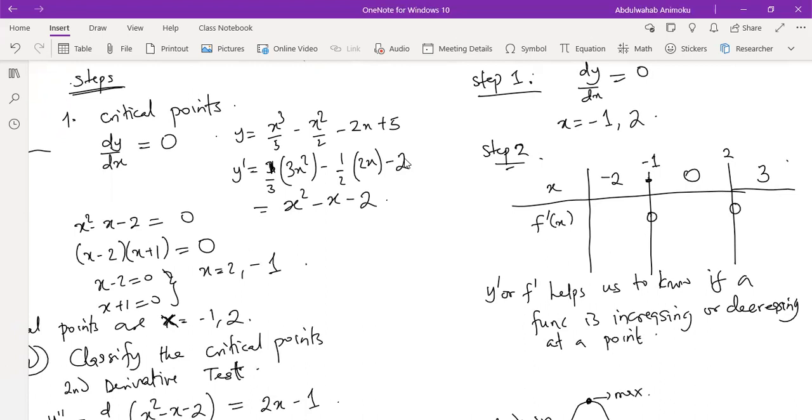In fact, on an interval, it helps us to know if a function is increasing or decreasing in that interval.